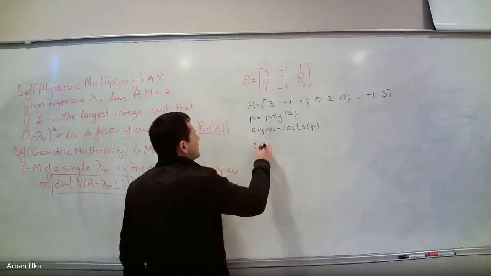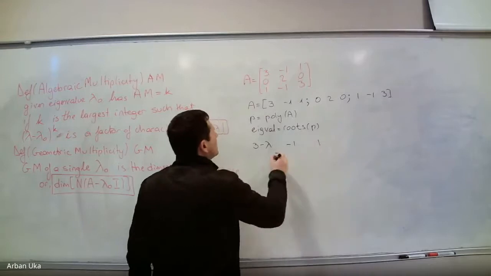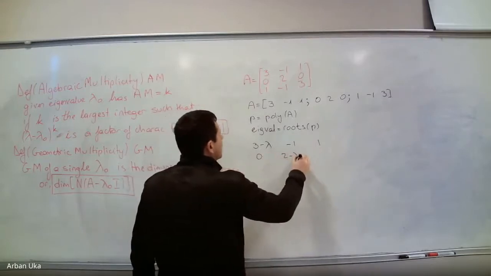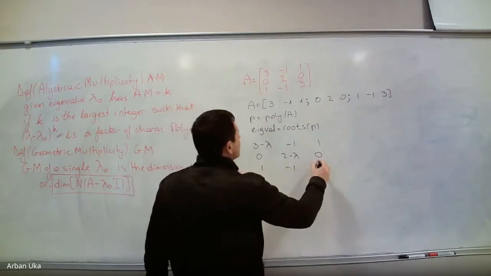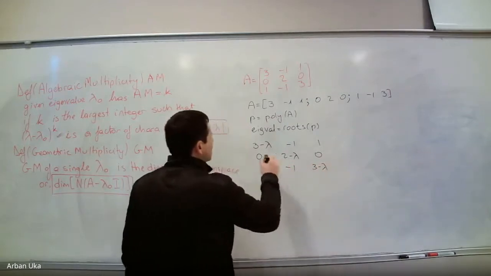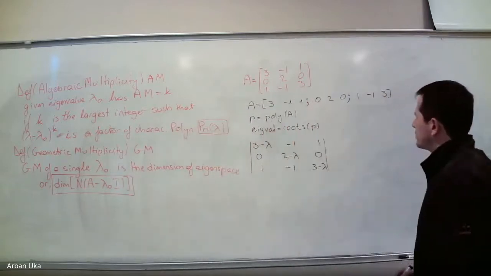We have to find the determinant equal to 0 for this matrix. 3 minus lambda, minus 1, 1. 0, 2 minus lambda, 0. And 1, minus 1, 3 minus lambda. So this is the determinant that we need to equal to 0.